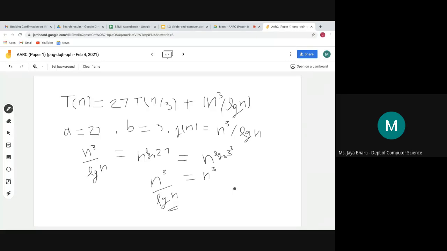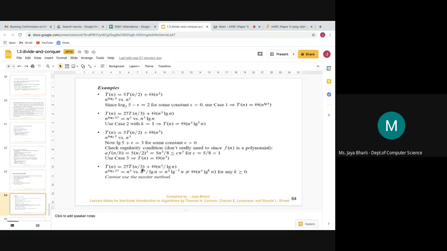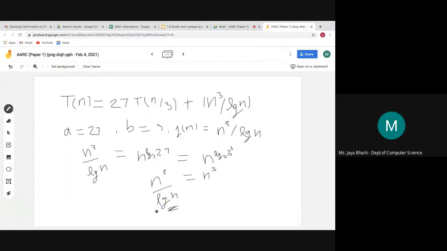So this is smaller than this function, but it is not asymptotically smaller. Because of this, the master method will not be applicable. So this is another case where you cannot use the master method.